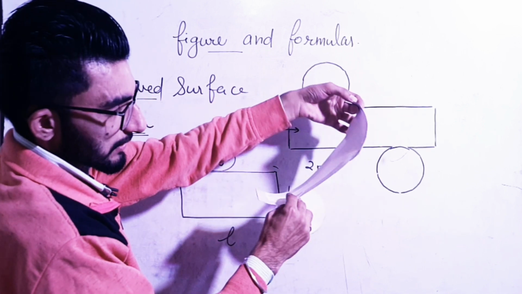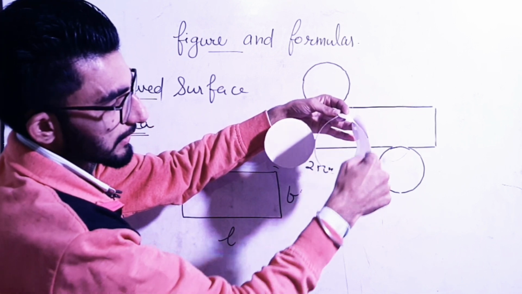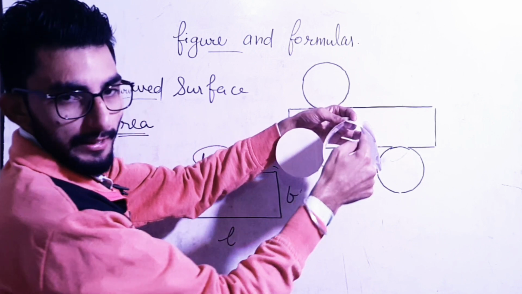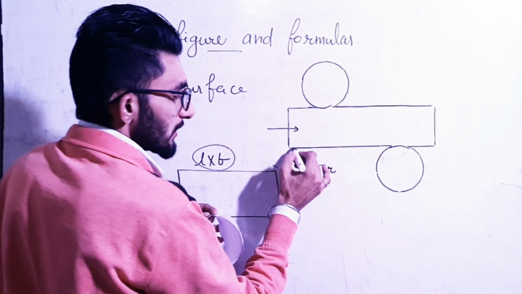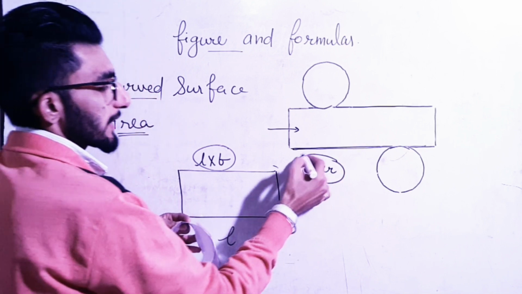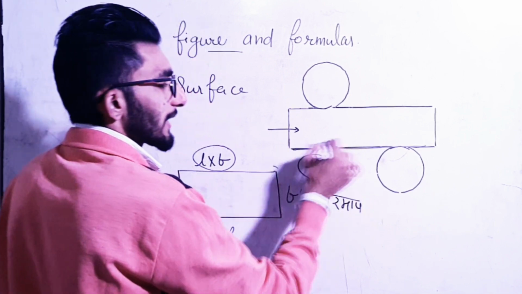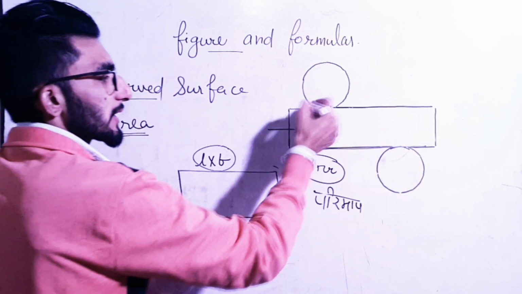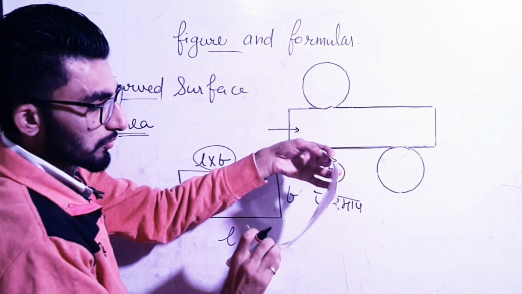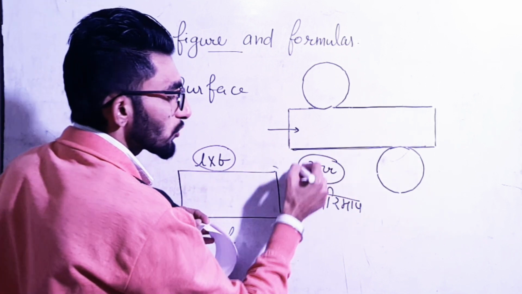Because this length is changing into this circle, so what is the perimeter of the circle? So perimeter of the circle is 2 pi r. So this is the length which is changing into perimeter of the circle, or it is also known as परिमाप. ठीक है. सो जो लेंथ थी, लंबाई थी ऑफ द रेक्टेंगुलर पीस, इट इज चेंजिंग इनटू पेरीमीटर ऑफ दिस सर्कल. सो दैट इज व्हाई आई एम राइटिंग 2 पाई आर.